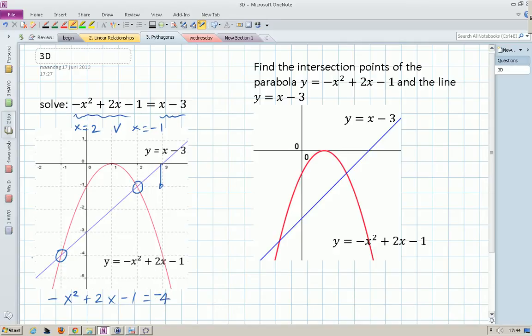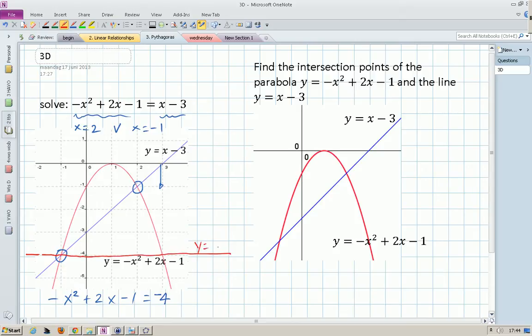So we're really looking at the line y equals minus 4. And why is this the formula of that line?